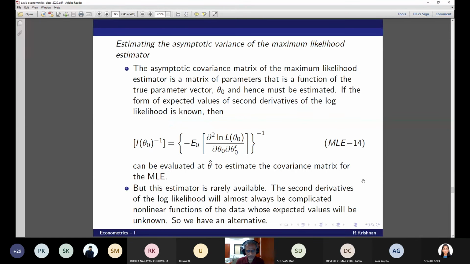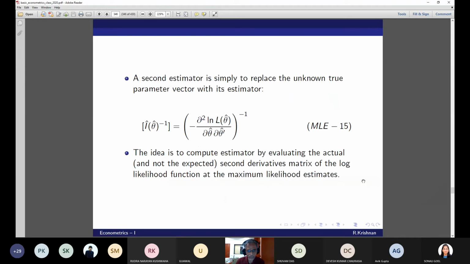calculating the information matrix for any situation other than the classical linear regression model is very difficult. In the classical linear regression model, this boils down to sigma square times x transpose x inverse, but for any other situation, this is not so simple.